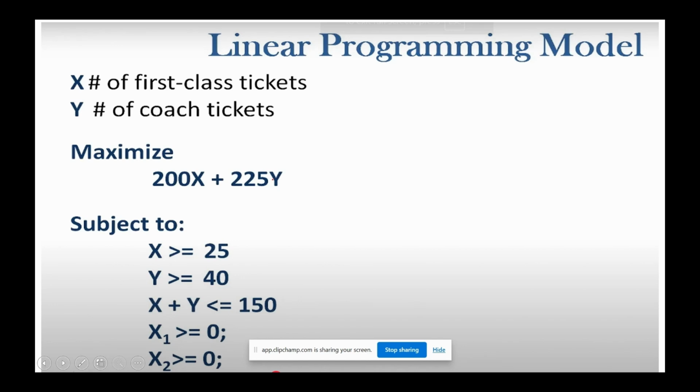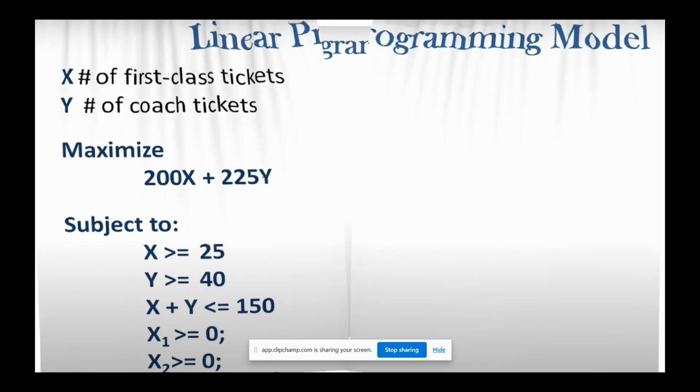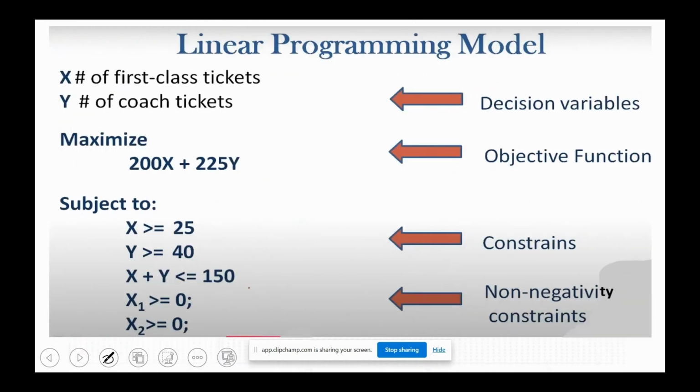x1 and x2 should be greater than or equal to 0 because we cannot sell less than 0 tickets. This is the non-negativity constraint, the last one. The non-negativity constraint is x1 greater than or equal to 0 and x2 greater than or equal to 0. That means the tickets cannot be negative.